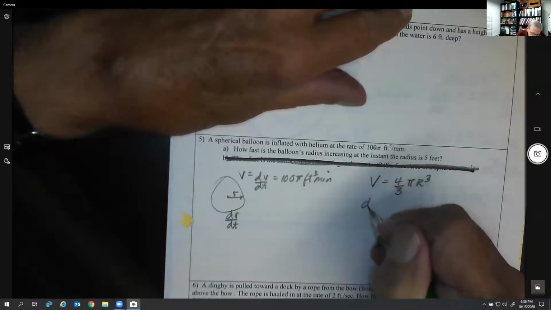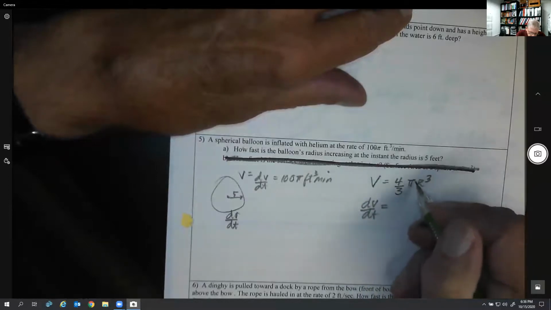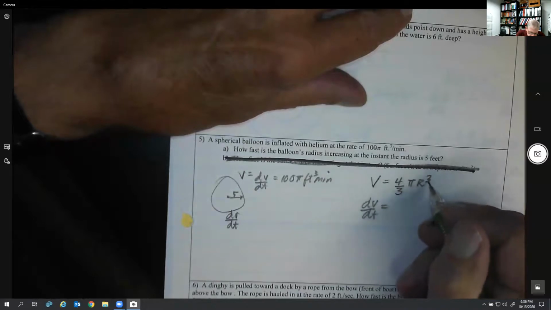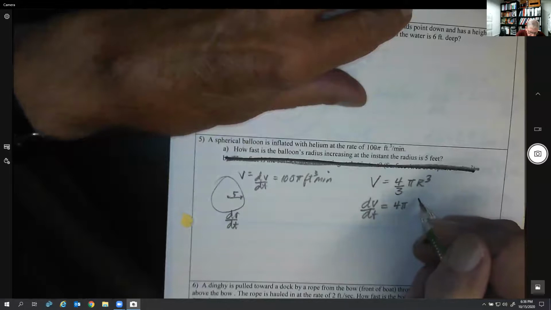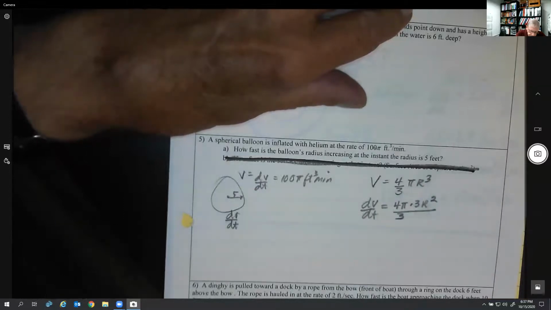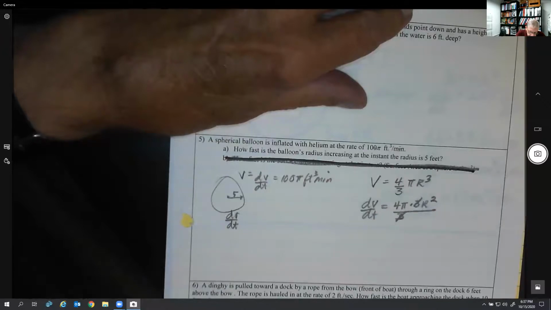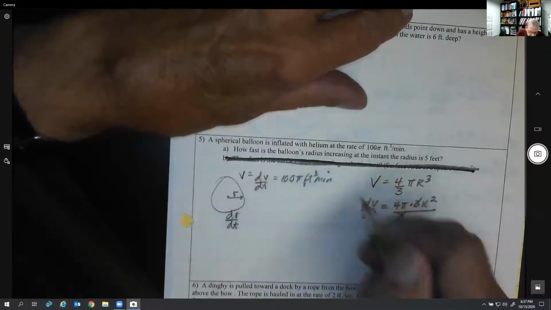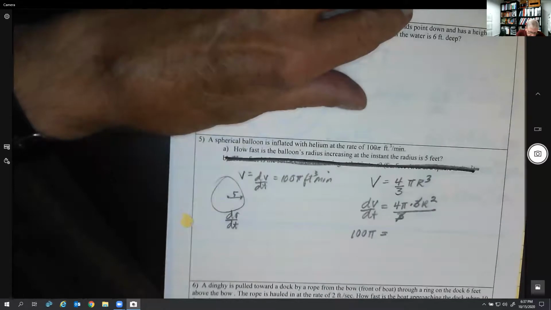So dV over dt equals 4 pi times 3r squared over 3. So these 3's look like they'll cancel out. Well, we know dV over dt, it's increasing at 100 pi cubic feet per minute.